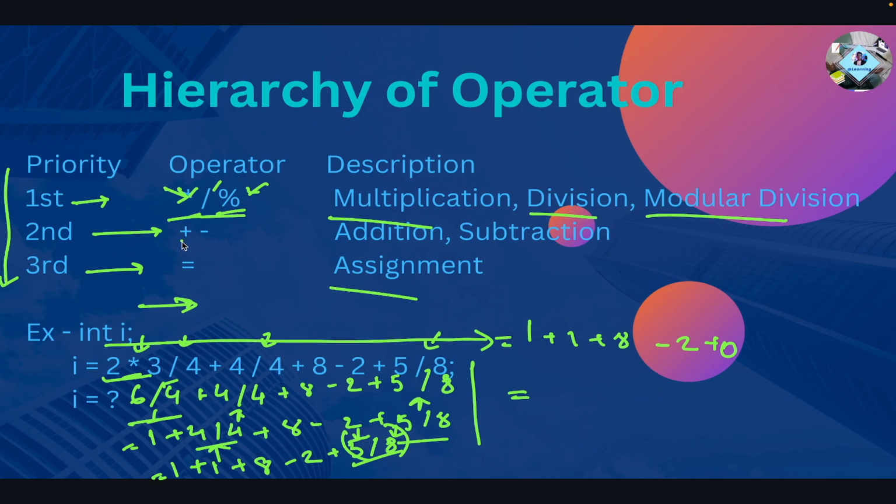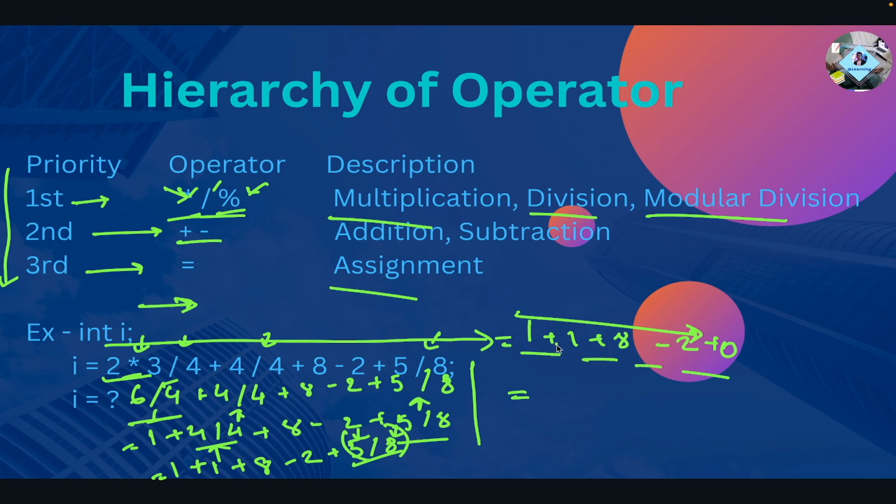Okay, then we have to calculate the plus and minus, right? Here also, which one should we calculate first, this one, this one, or this one? There is left to right associativity. When operators of the same priority arise in the same line, you have to consider left to right associativity.